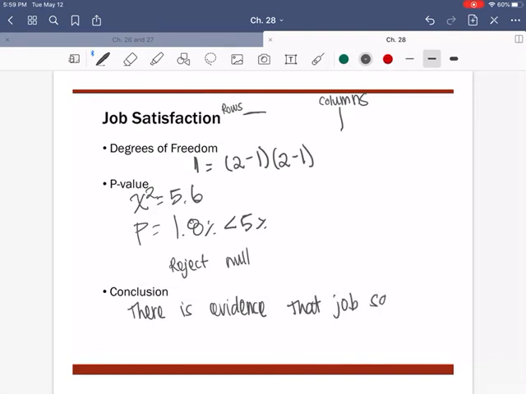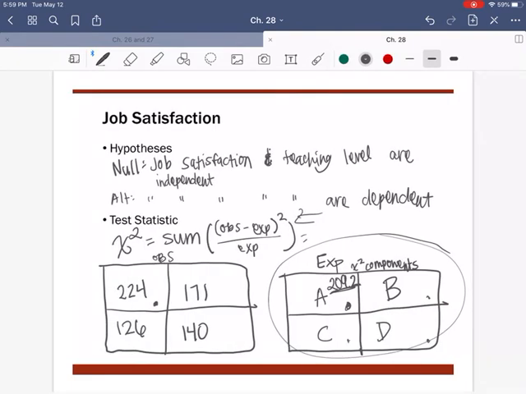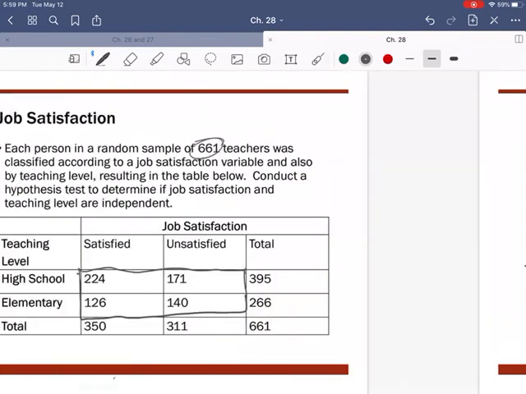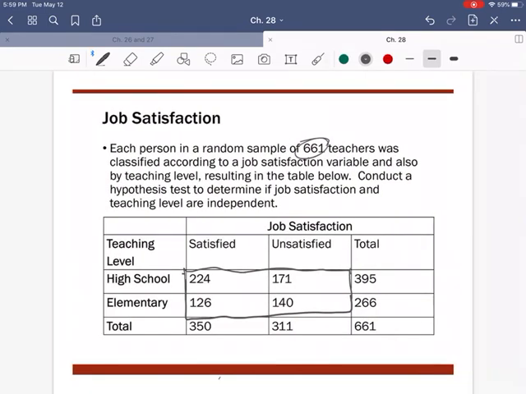Our null was that they are independent, so we're going to say there is evidence that job satisfaction and teaching level are dependent.